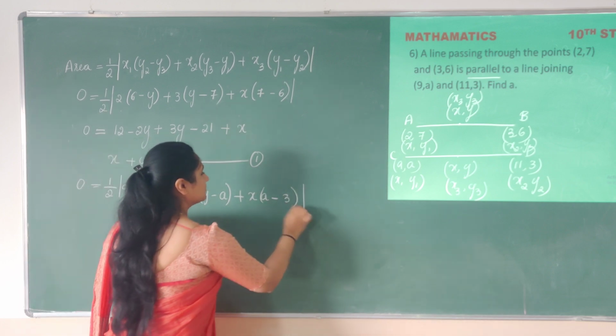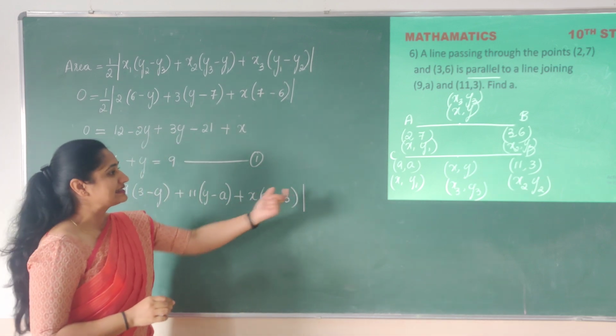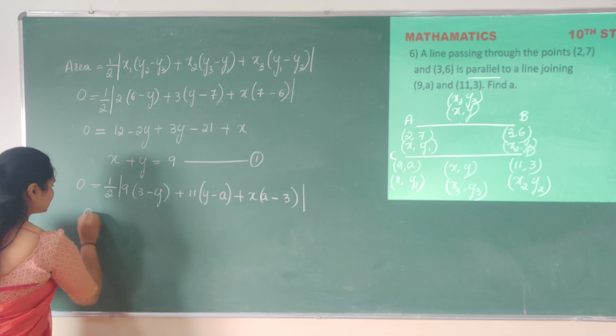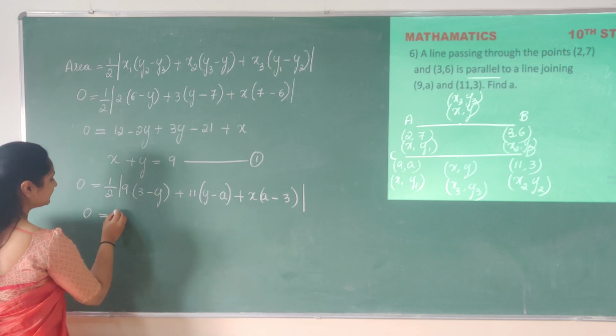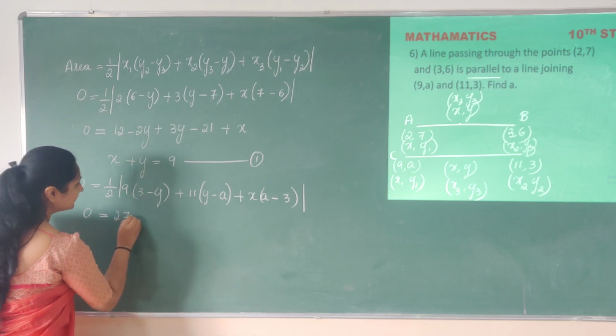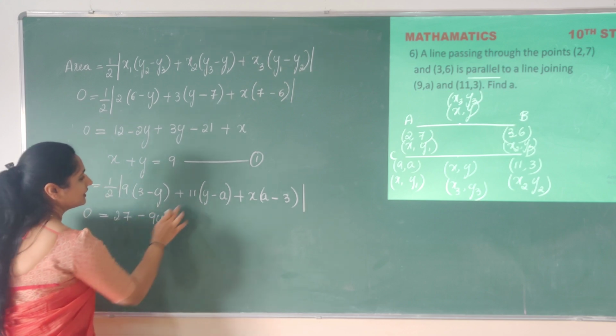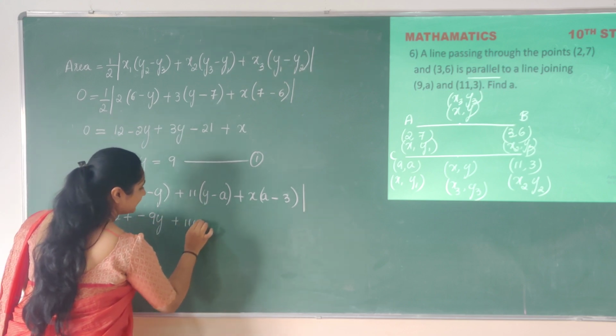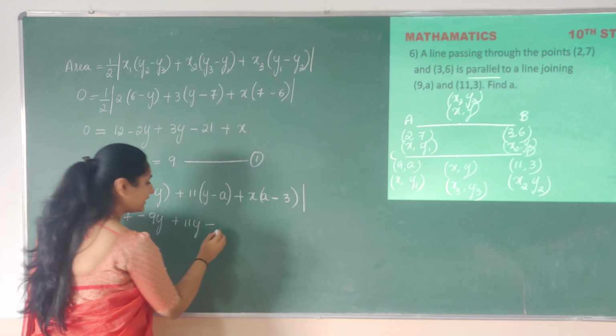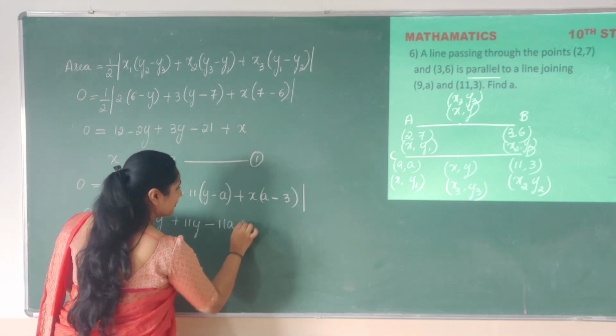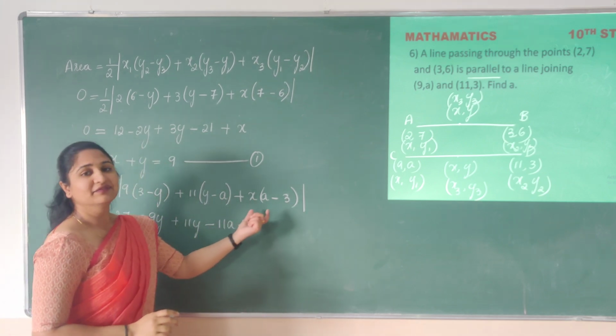So we'll write the equation for the line CD as well. It is 0 equals 9 into 3, which is 27, minus 9y, plus 11y, minus 11a, plus x of (a minus 3); we won't multiply the x inside, we'll keep it as it is.